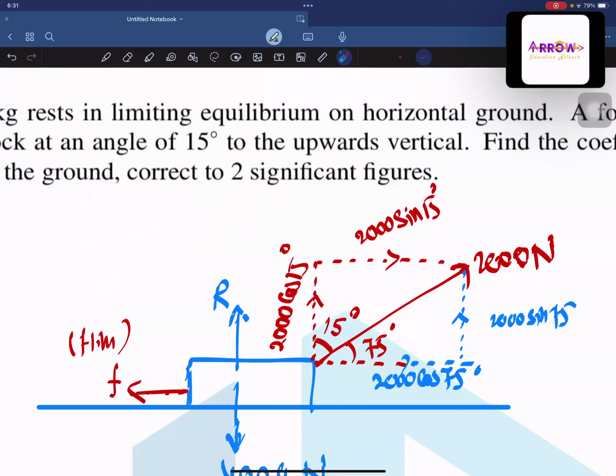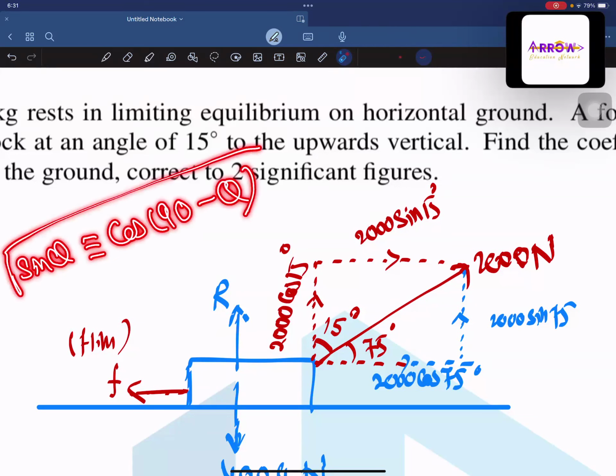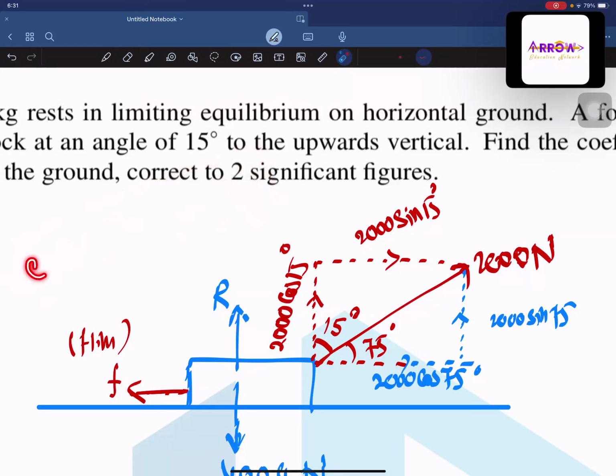You have been studying a basic trigonometric identity since P1, that sine theta is exactly the same as cos of 90 minus theta. You have been using this ratio since O level in IGCSE math even. And cos theta is exactly the same as sine of 90 minus theta.